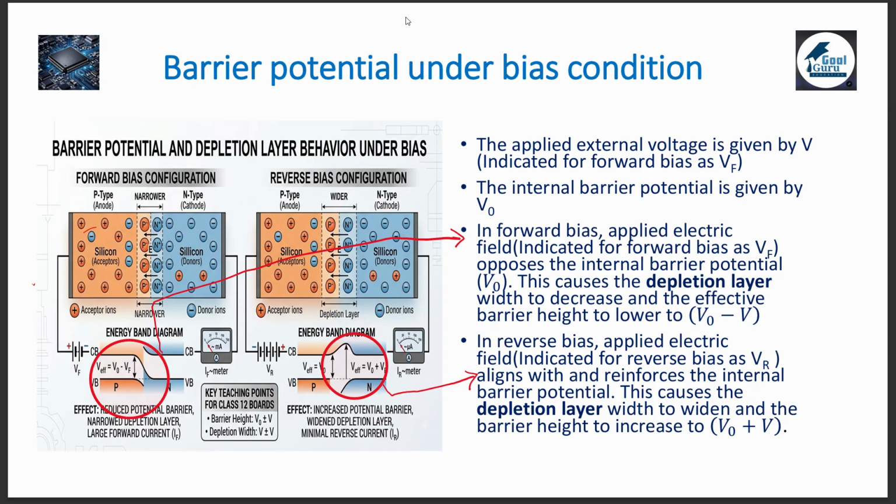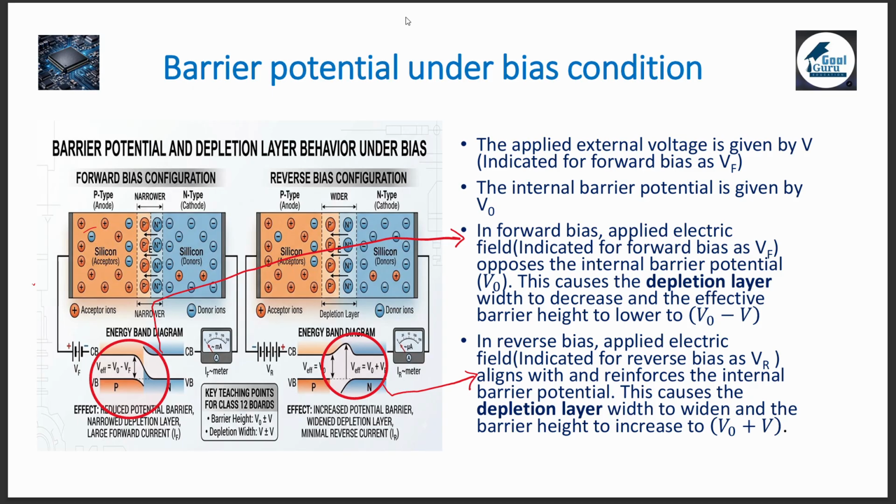The applied electric field opposes the internal barrier potential, causing decrease in the depletion layer, and the effective barrier height lowers to V naught minus V. That means as V increases, the barrier height decreases.